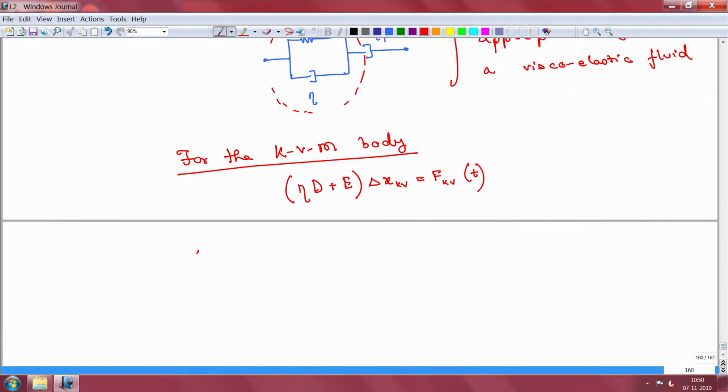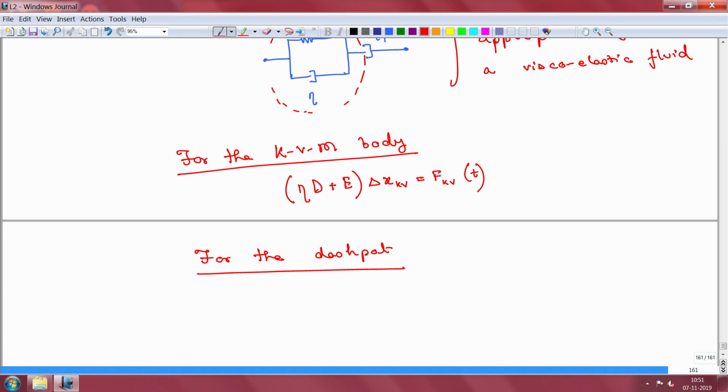For the dashpot, so we are just using the same methods, right. So, you understand that when I say delta x kV, then that means the displacement in the Kelvin-Voigt body, right. So, none of that has changed.